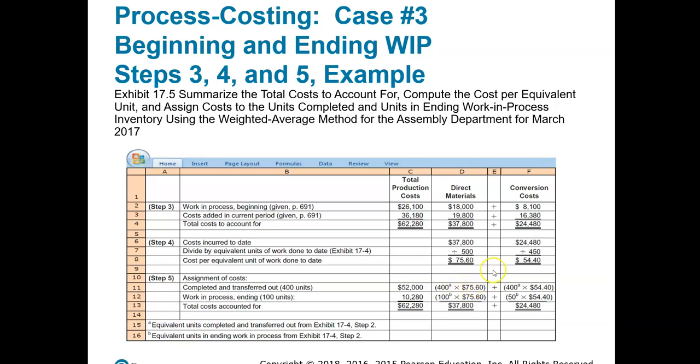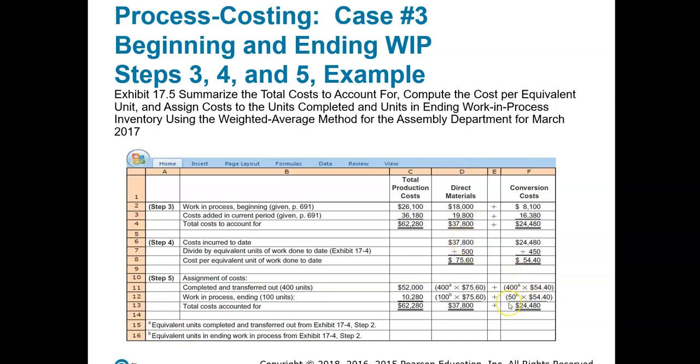Then I take my cost per equivalent unit and multiply it by the equivalent units in ending inventory to get the amount of direct materials remaining in work in process. That total will be $37,800 of direct materials that we've spent. So we've accounted for all those costs that we had to account for up here in step 3.